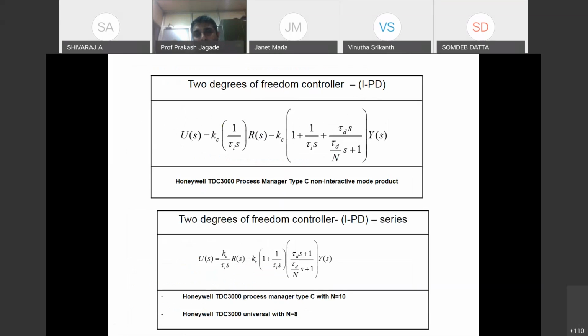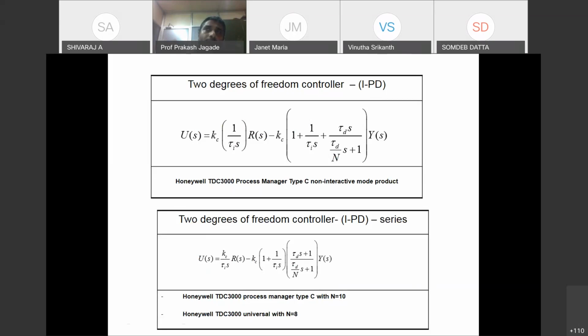Another variant is presented in the first table in this slide. Here, the integral action is based on error, whereas derivative action and proportional action are based on process variable, again based on Y. So the integral action alone is based on error. With the help of this IPD controller structure, you will be able to prevent proportional kick as well as derivative kick.